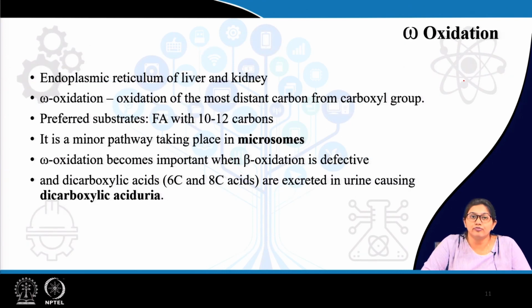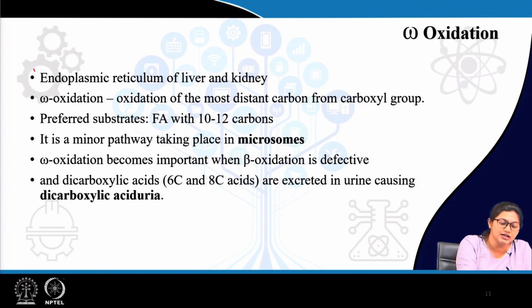Then we are coming to omega oxidation. Now, once again, omega carbon is the distant most carbon from the carboxyl group in the fatty acid. So, it is just the opposite direction of beta oxidation or alpha oxidation, where the omega oxidation is occurring in the carbon chain. Now, omega oxidation is located in endoplasmic reticulum, and this occurs mostly in liver as well as kidney.